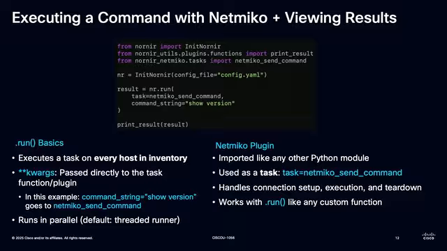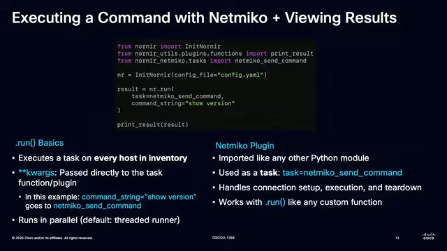So for Netmiko, there's a netmiko_send_command Nornir Python import you can do. And this is the most simple example I could think of to show how people can connect to their network devices using Nornir, where you create your Nornir object, you plug in your inventory file, and then run basically nornir.run, and we're doing what's called a keyword arg.